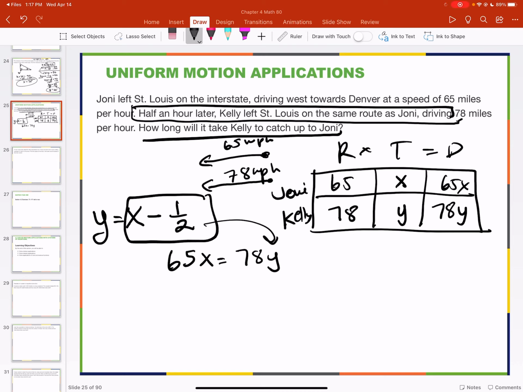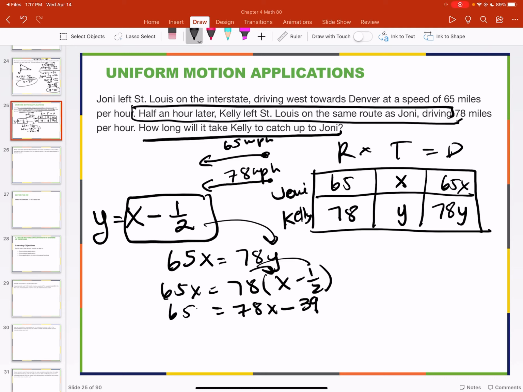So let's substitute that. We get 65x is equal to 78 times the quantity x minus 1/2. Distributing this, we get 78x minus, and then half of 78 is 39. So 65x equals 78x minus 39. Subtract 78x from both sides. We get 65 minus 78, which is negative 13, so negative 13x equals negative 39.